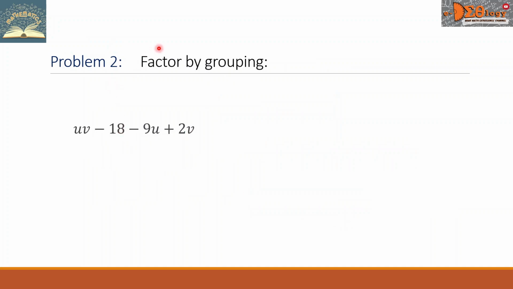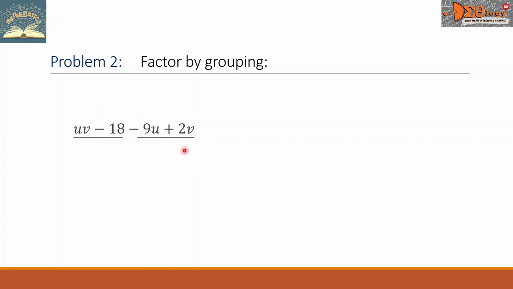Problem 2. Factor by grouping. uv minus 18 minus 9u plus 2v. In the regular examples, we group the first two terms and we group the last two. But take note that in the first group, there is no common term that we can factor out.